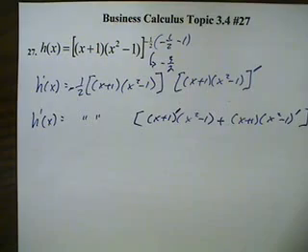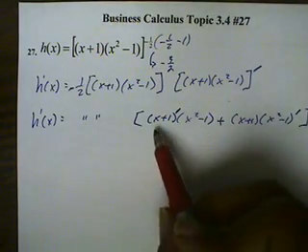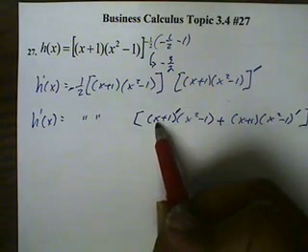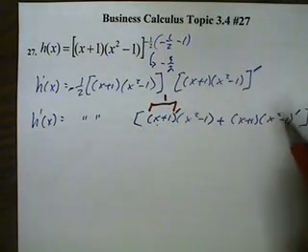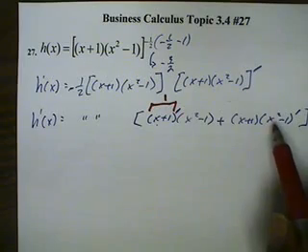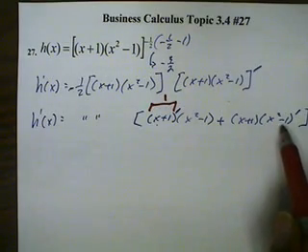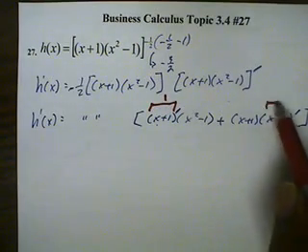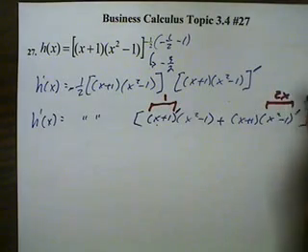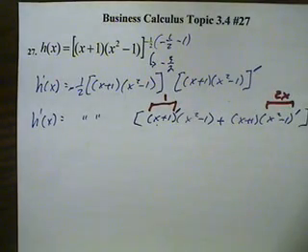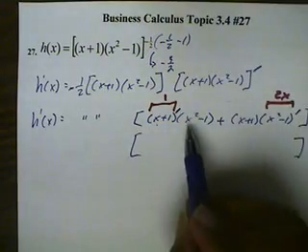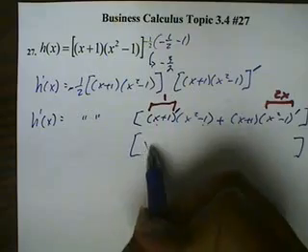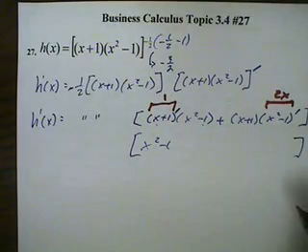Okay, now let's take time to take derivatives of these little small functions here. The derivative of x is 1, the derivative of 1 is 0. So altogether, this will be 1. The derivative of the x squared is 2x, whereas the derivative of negative 1 is 0. So the derivative altogether of this will be 2x. So what I have here is a 1 times the x squared minus 1, which is x squared minus 1.